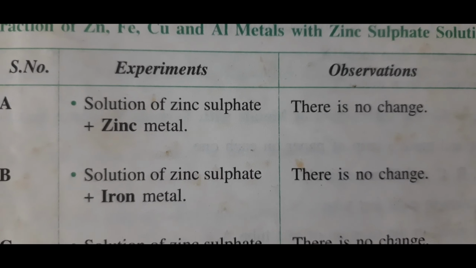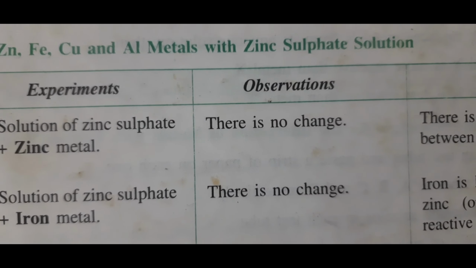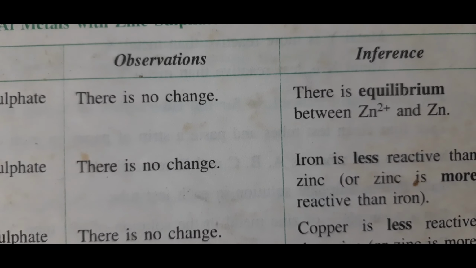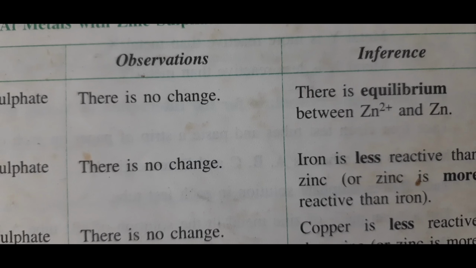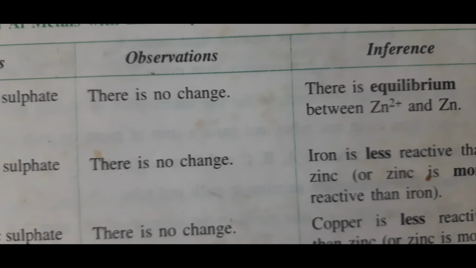Now make a chart like this: serial number, experiment, observations and inference. 3 things you have to write. Pause the video, make a chart with your pencil, either on your white page or on your rule page.